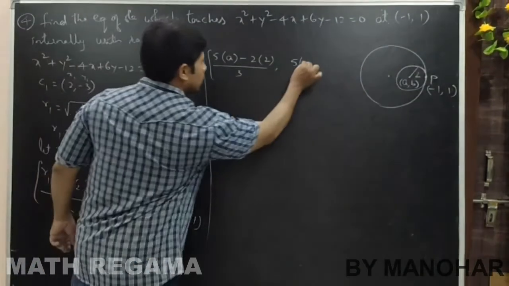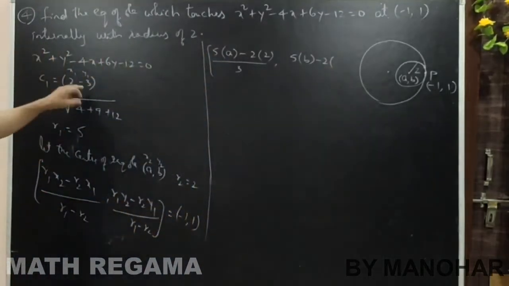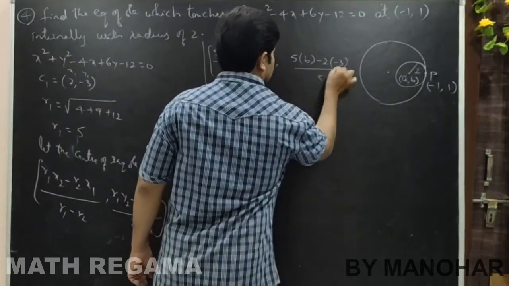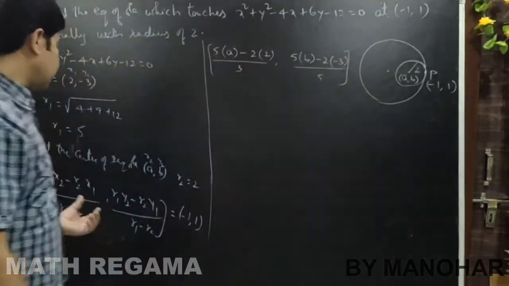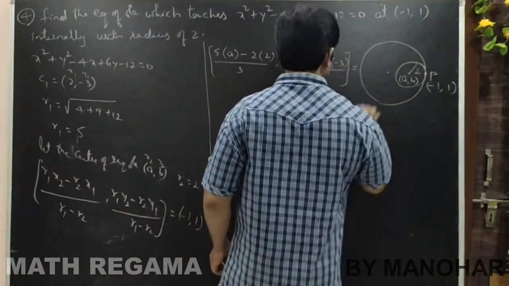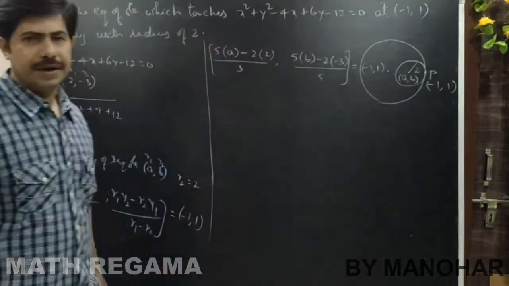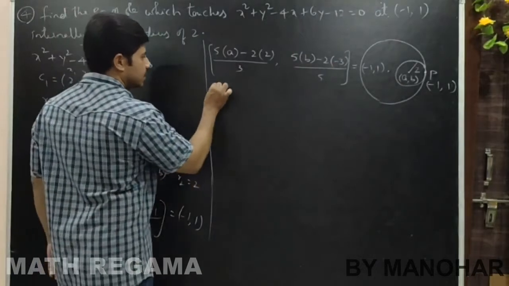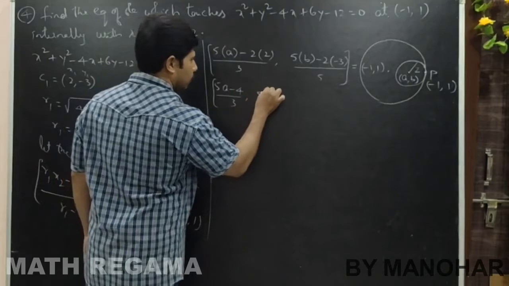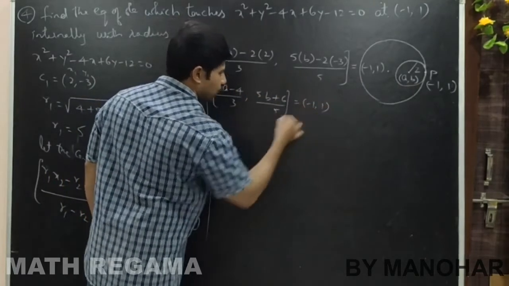R1 y2 minus R2 y1, y1 is minus 3, by R1 minus R2. And this is to be equated to (-1, 1). So the next line we get is (5a minus 4) by 3 comma (5b plus 6) by 5 is equal to (-1, 1).